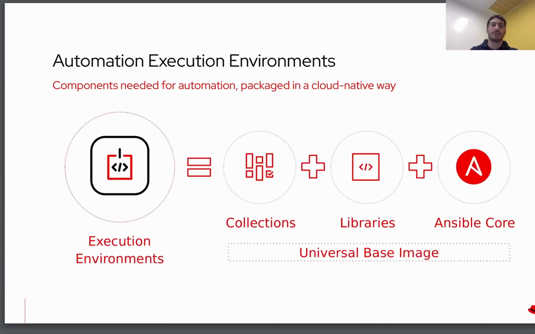And all of this gets packaged into that execution environment that we mentioned before, with UBI on the bottom. UBI is like a very basic Red Hat Enterprise Linux version that only contains the more core packages, so that effectively you have a reasonably small container, and that is still certifiable and testable and reusable.